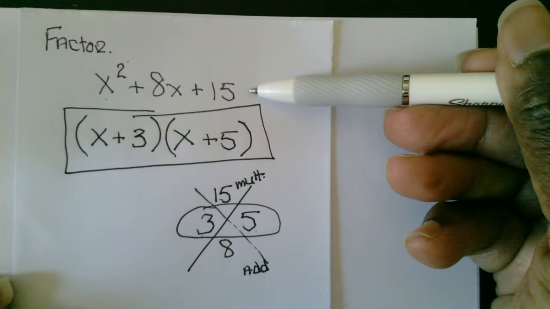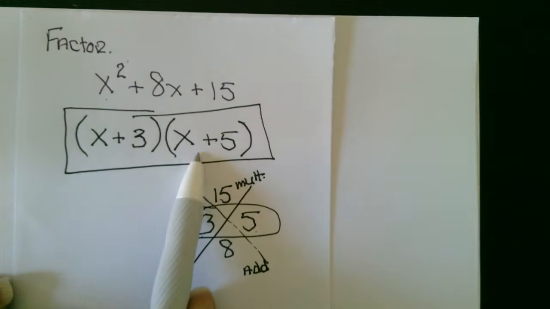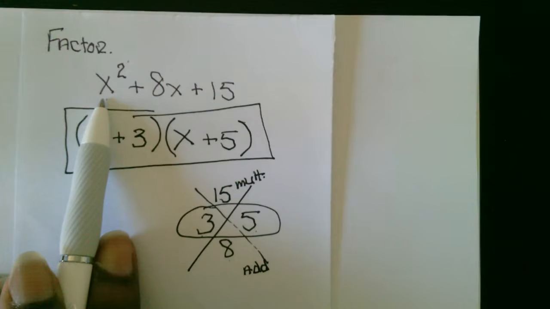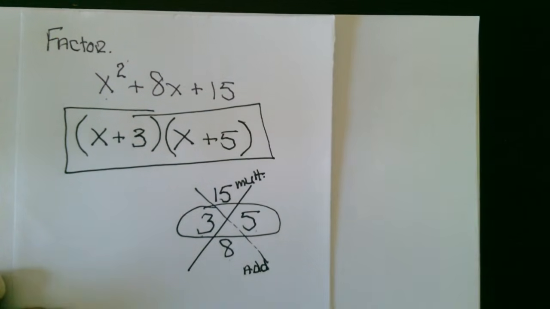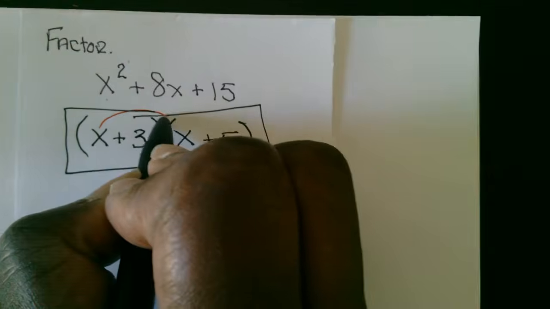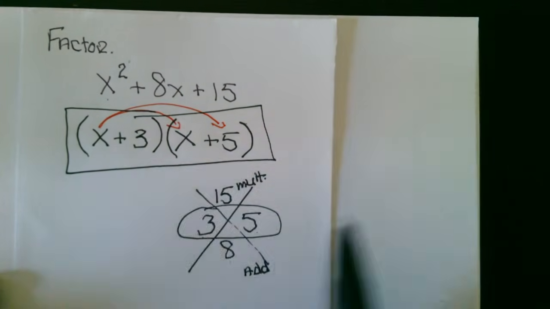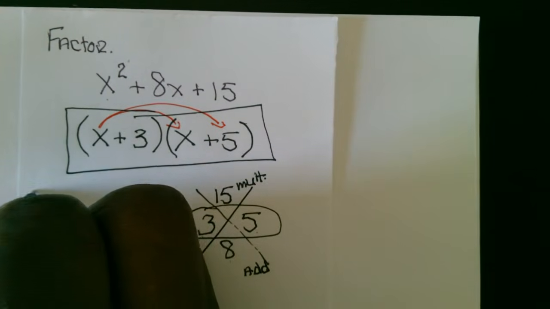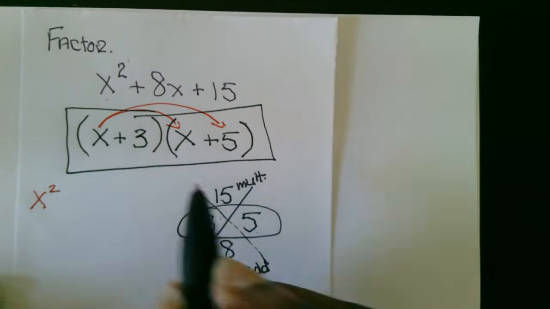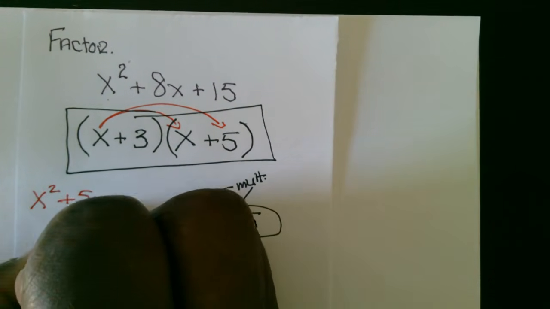So where did the exponent go? Right here, because x times x gives me x squared. If you want to check it, which during the test you might not have too much time for, I do my distributive property. x times x gives me x squared. x times 5 gives me 5x.